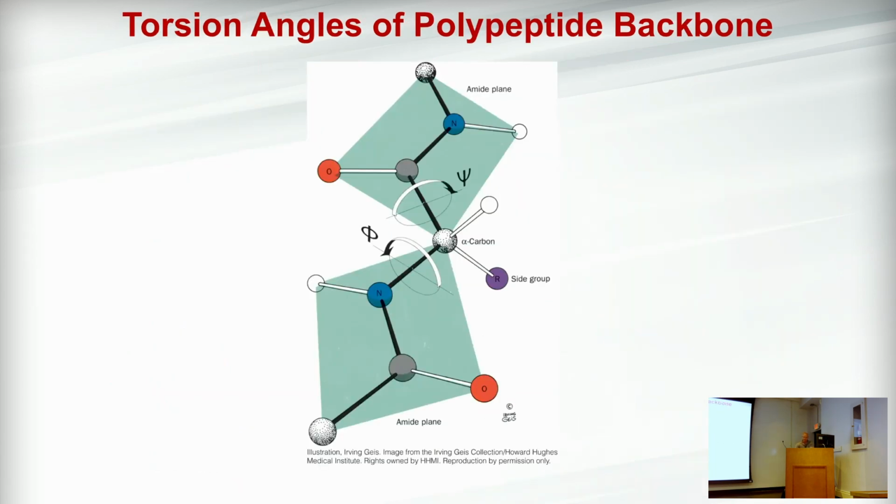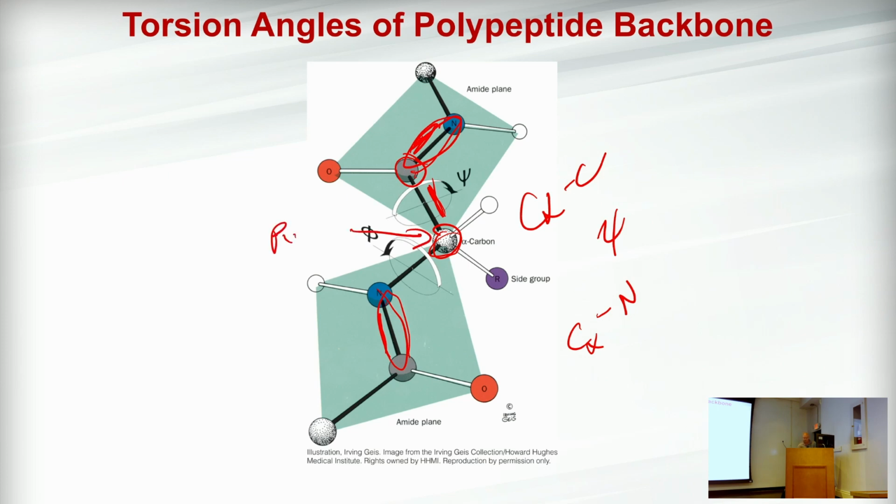So we refer to this, here's the alpha carbon, the C alpha to C, which would be this one. We refer to this rotation angle as psi, and the C alpha to nitrogen is phi. Here is a peptide bond, and here is a peptide bond. These are double bonds that generate this sort of planarity of this segment, and here is the rotation point.